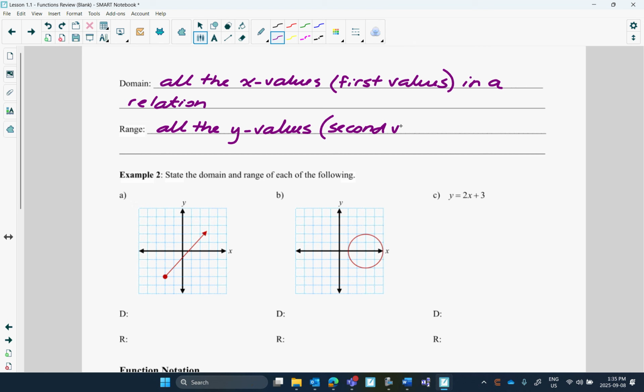If they're listed as ordered pairs, all the first values in the parentheses are the domain. All the second values are the range. If it's listed as a table, all the values in the first column are the domain. All the values in the second column are the range. Okay?